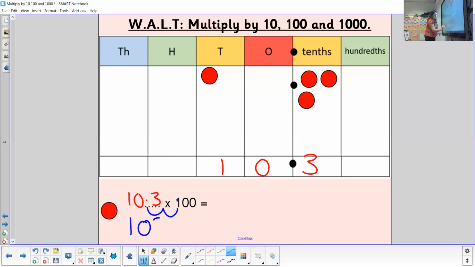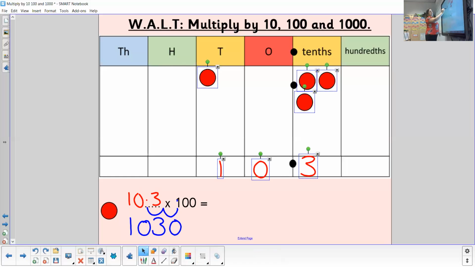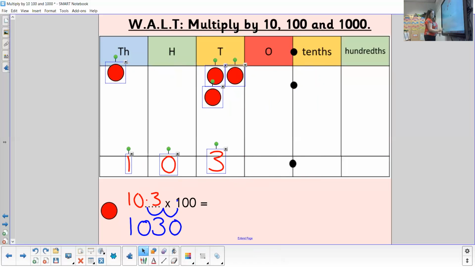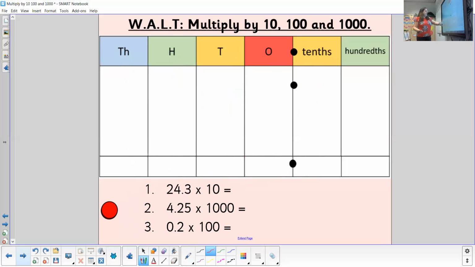I've got 1 out, 3 out. If I want to move them up, I can do. So I can check where to go. So move in 2 places. 1, 2, and put my 0 in. You might want to draw out this. This is what we would use at school. It would help.